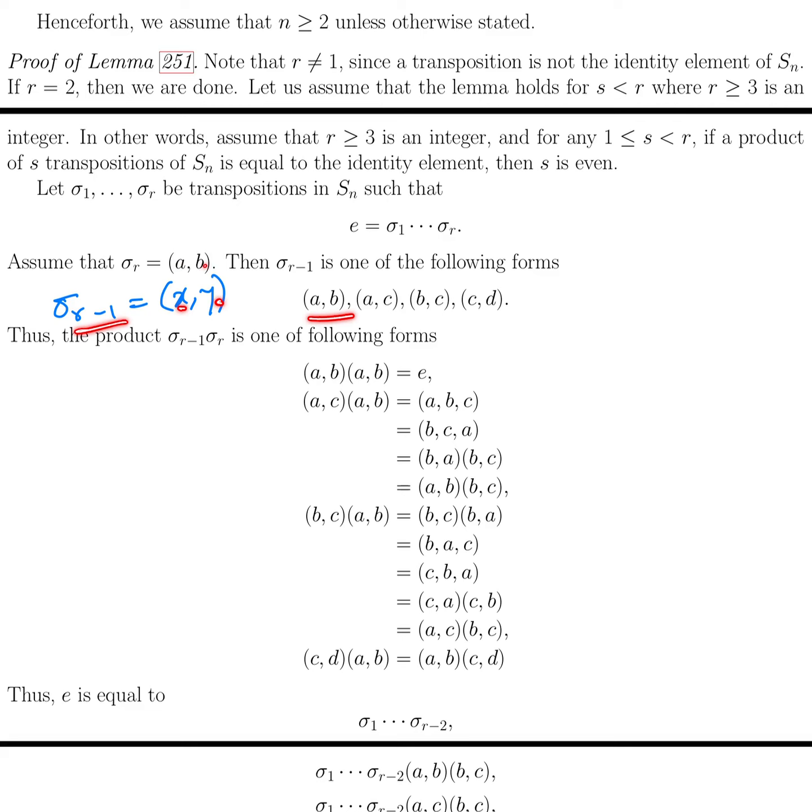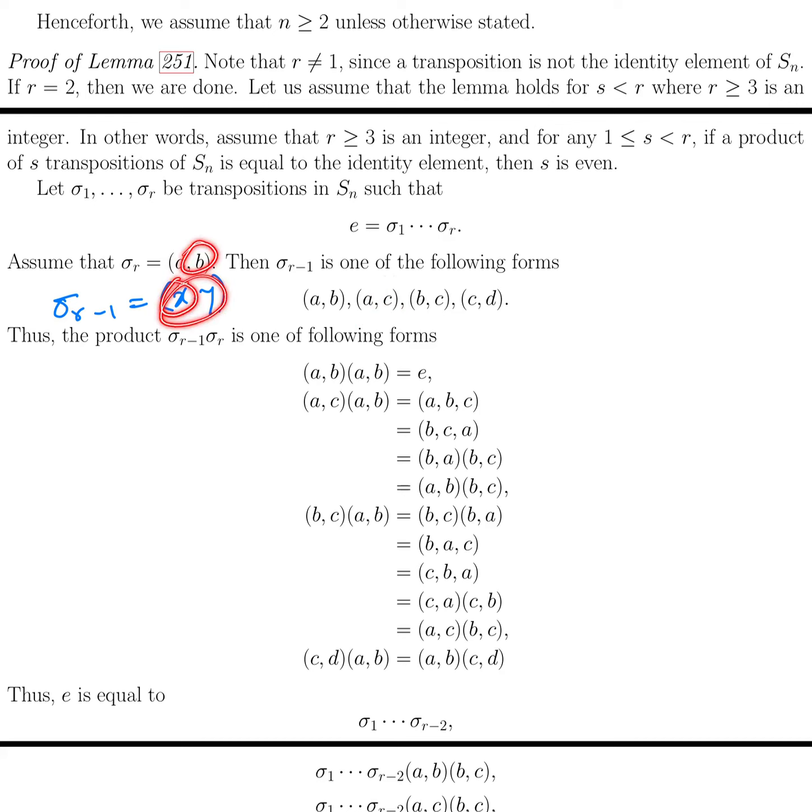If xy is equal to ba, even then this is (a b), because (a b) is the same as (b a). Note that (x y) is the same as (y x), so you can swap the order. Suppose one of them matches: you can assume the first one is a, so it will be of the form (a c) with c something else, or one of them could be b.